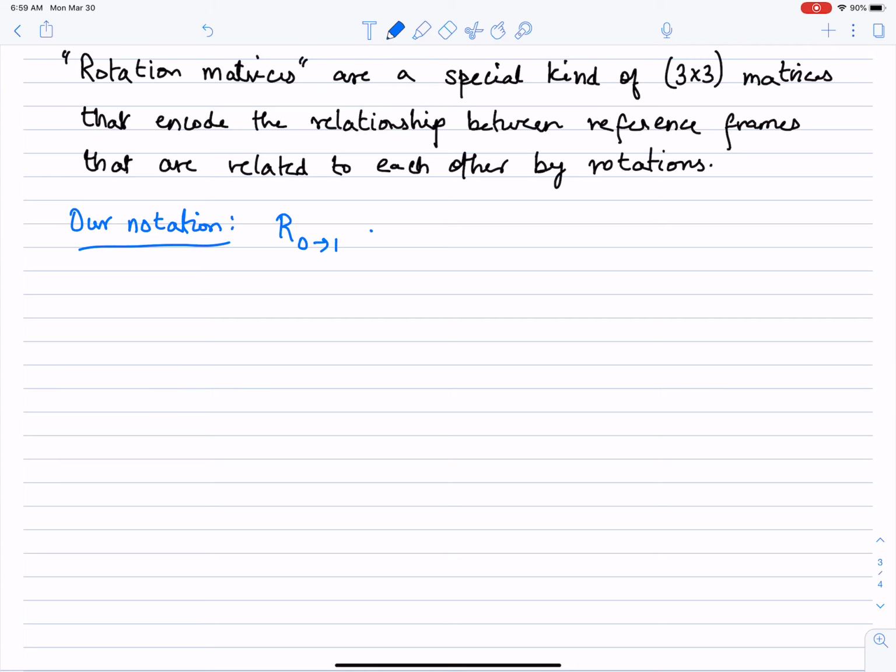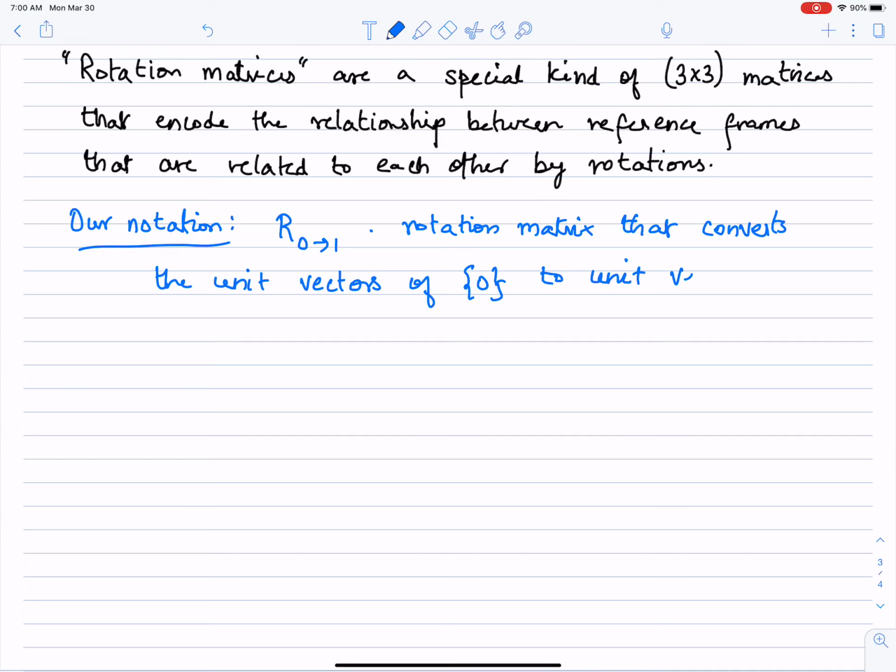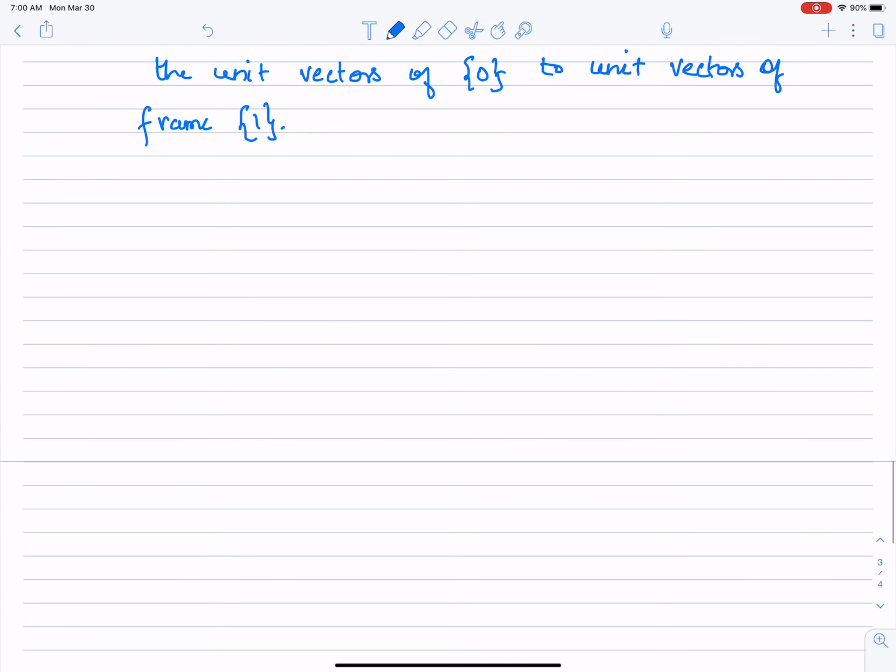R0 to 1 is the rotation matrix that converts the unit vectors of frame 0 to unit vectors of frame 1. Okay.